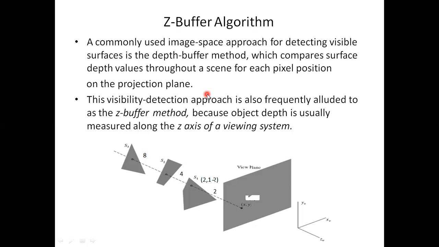That disadvantage was overcome by the Z buffer algorithm, a method in the image space approach, which is also successful in differentiating the front face or back face, that is the visible surface, even when there are overlapped objects.